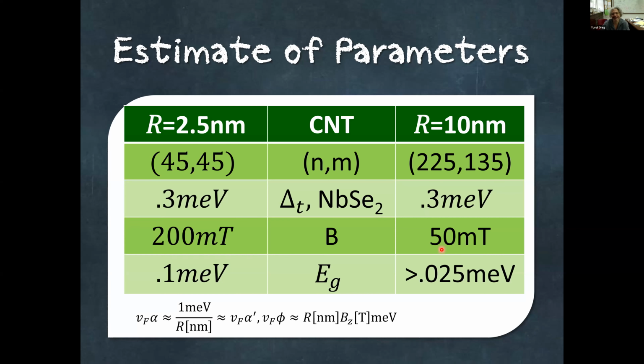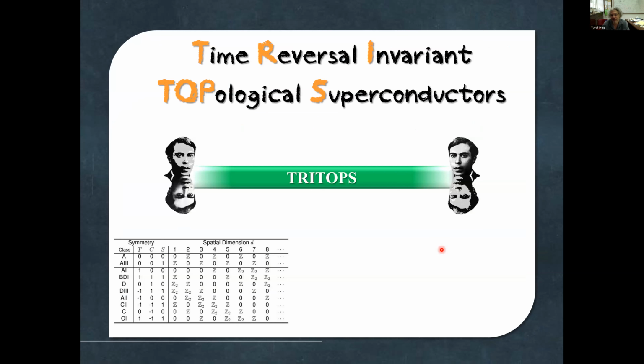In fact, the carbon nanotube also has interaction. I didn't know if I would have time for that, so I prepared it just in case I finished earlier. There is a way to utilize the interaction in order to create an interesting time reversal invariant topological superconductor. I don't have time to explain that, but the carbon nanotube has strong repulsion inside the nanotube.